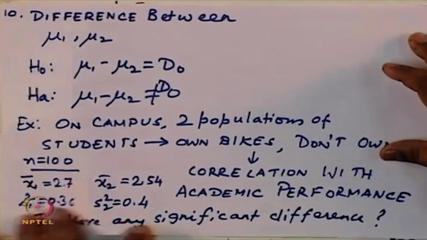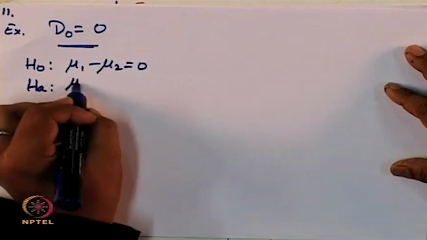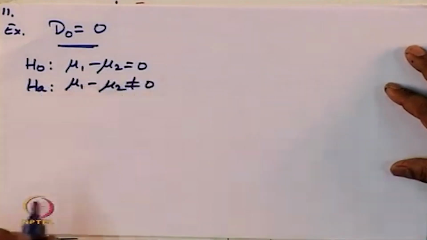For addressing this, you just want to know whether there is a difference in their academic performance or not, which means that in this example we want to choose d naught equal to 0. So your h naught is mu 1 minus mu 2 equal to 0 and h a is mu 1 minus mu 2 not equal to 0.